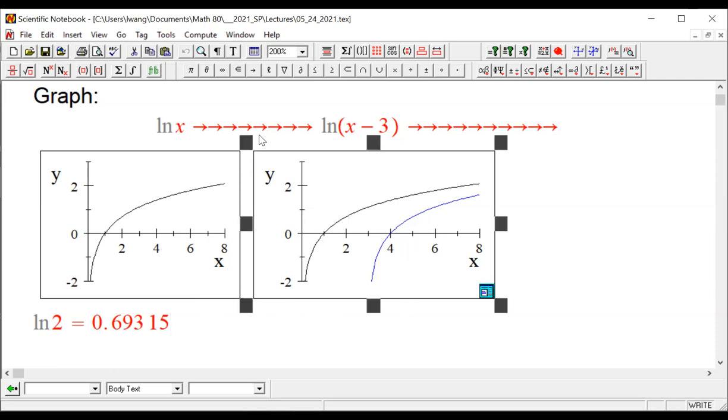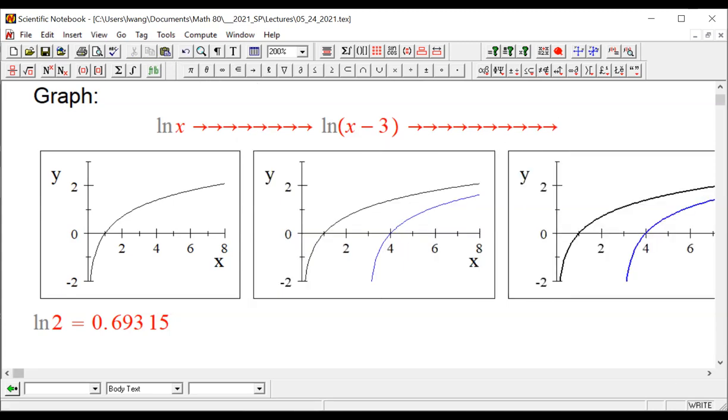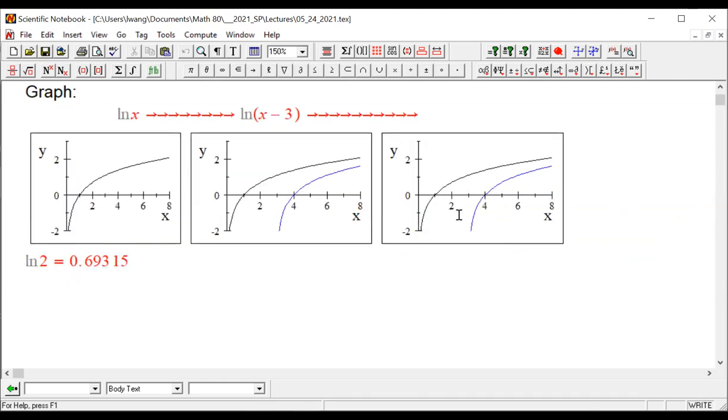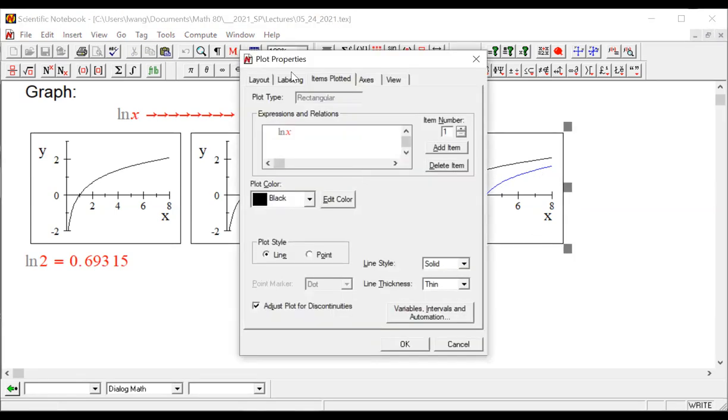Okay, so let's see if that's the case. So let me make it smaller again. Our blue curve is shifting down by 0.69315 units.